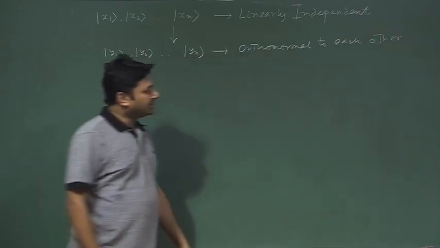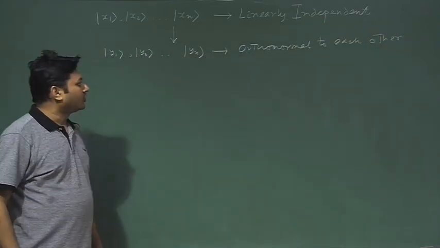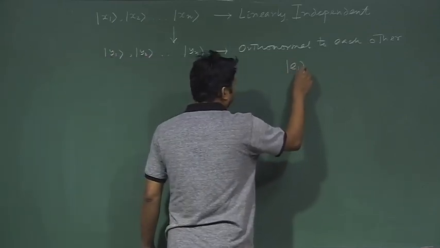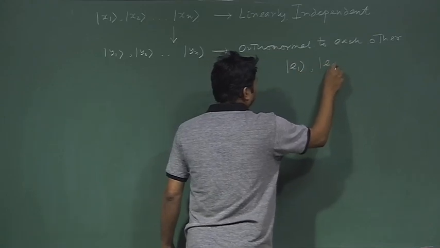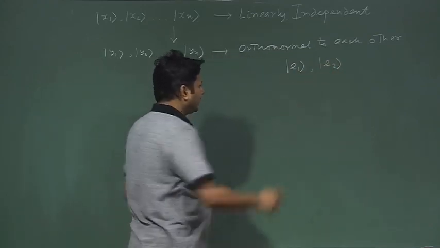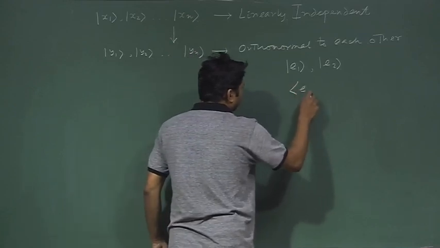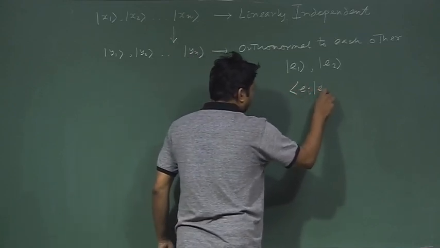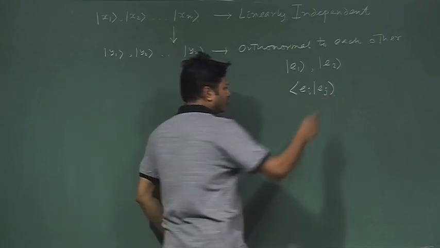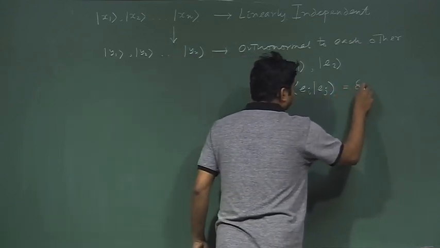In last day's class I also defined orthonormality. Orthonormality means that if I say two vectors e1 and e2 are orthonormal, then (ei, ej), where I can put any value of i and j, 1 or 2, is equal to delta ij.